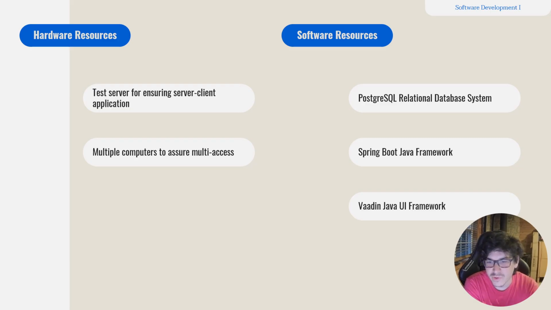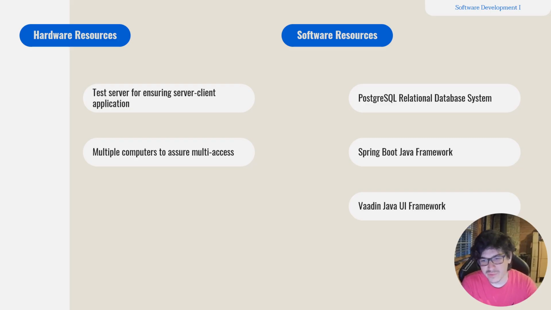In terms of software resources, the PostgreSQL relational database system is a good database system. It's the standard for server client SQL access. So that's why I went with it here.